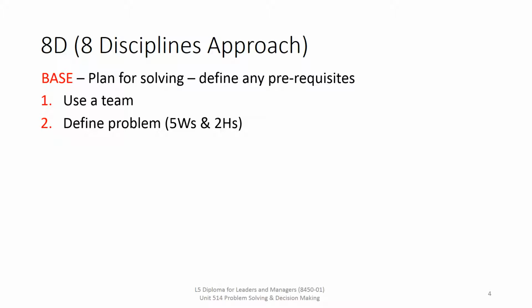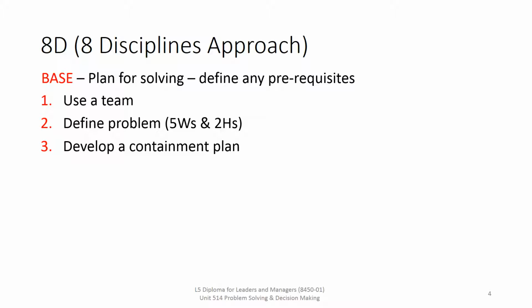You then go on to developing an interim containment plan. We're talking here about manufacturing, so if something's going wrong in the process and we're producing something incorrectly, the first thing we want to do is stop it happening, because we don't want to be building more products with that problem. So we need to put a plan in place to stop it and contain the problem.